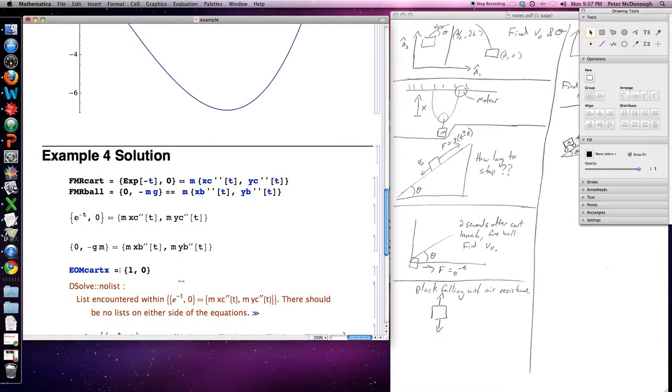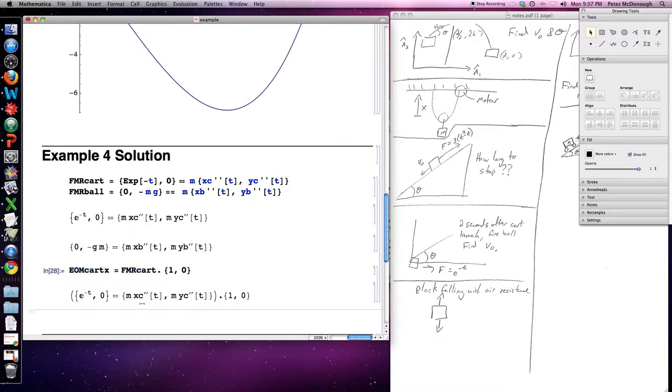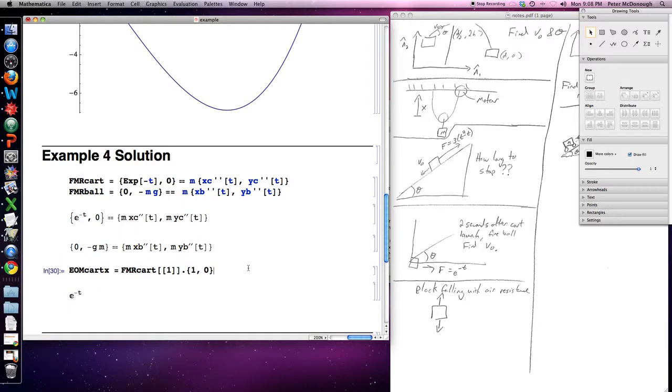So in the x direction, if I say FMR cart dotted with this, that doesn't work. So I'll say FMR cart part 1, and now we'll pull out the first one, dotted with that first vector, 1, 0. So that pulls out that first term, and that's equal to the second side of my equation, MAR cart part 2, also dotted with 1, 0.